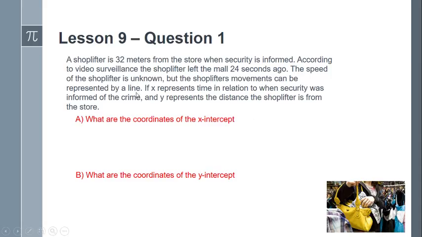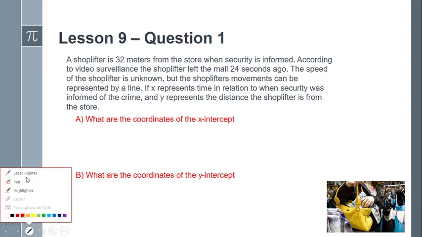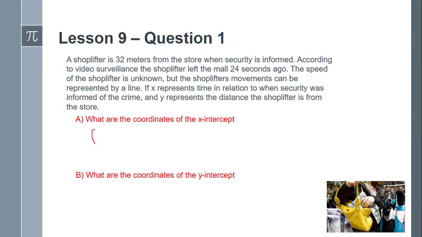All right, so one of the key pieces of information in this problem is the fact that time represents when security was informed. It's in relation to when they were informed. So we know that the shoplifter left the mall 24 seconds before security was informed of the crime. So if X is talking about time in relation to when security was informed, then that would be minus 24 seconds.